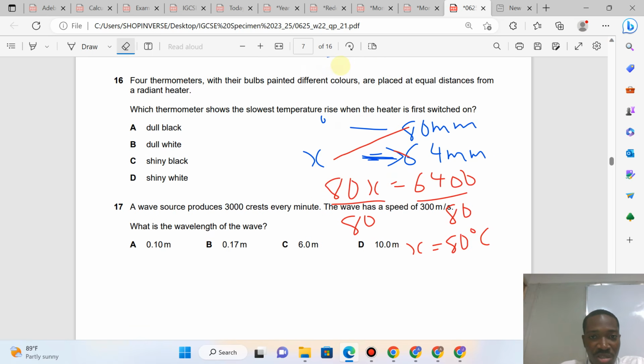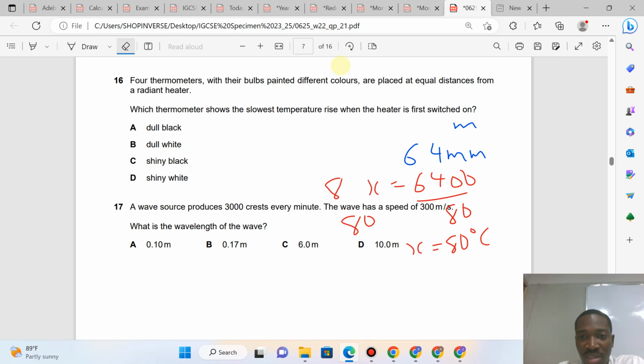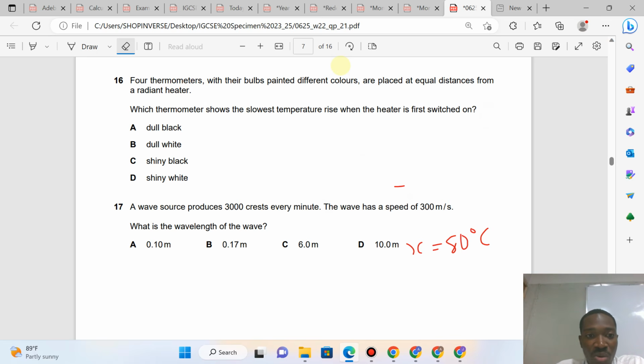Question 16 says, 4 thermometers with bulbs painted different colors are placed at equal distances from a radiant heater. Which thermometer shows the slowest temperature rise when the heater is first switched on? That has to do with radiation of heat, because they are placed at equal distances, and if you are heating something at a distance, the heat will get there through radiation.